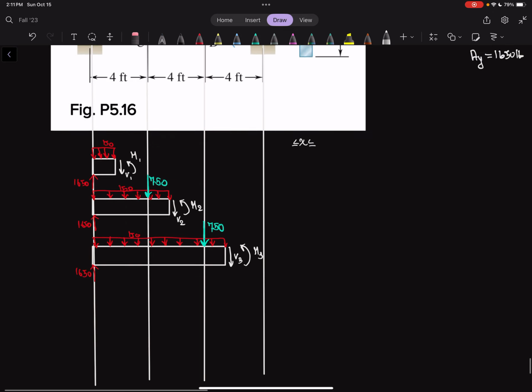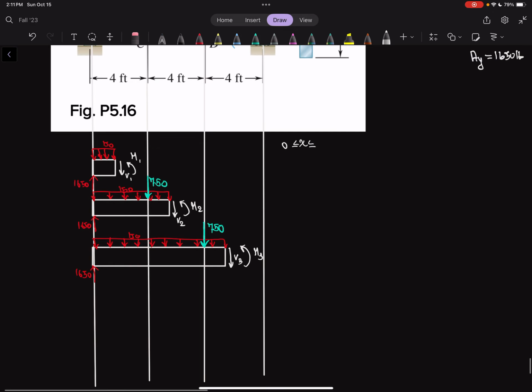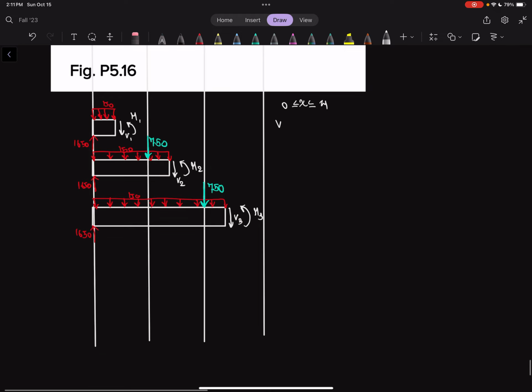Okay, so for the first part, we're going to go from 0 to 4, and we're going to say V1 is equal to minus 150 times x, and M1 is minus 75x squared. Do you see why?